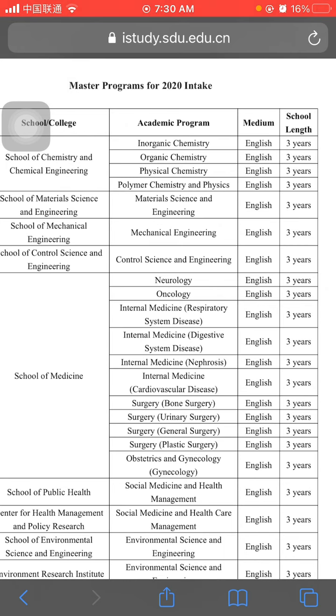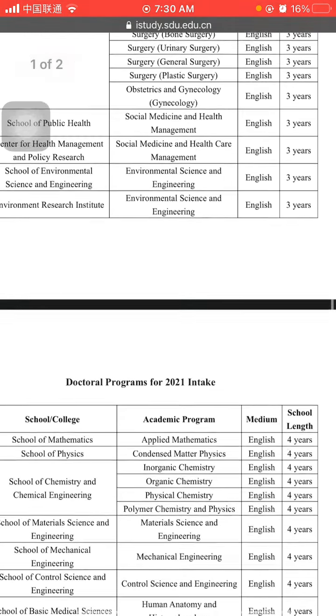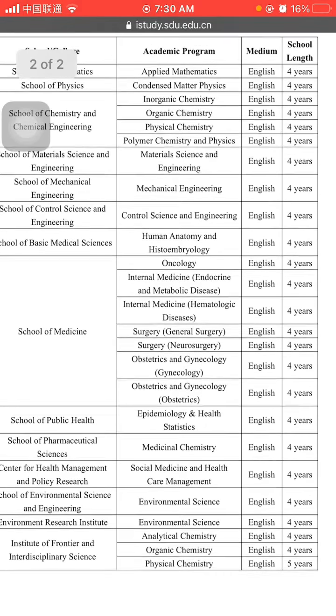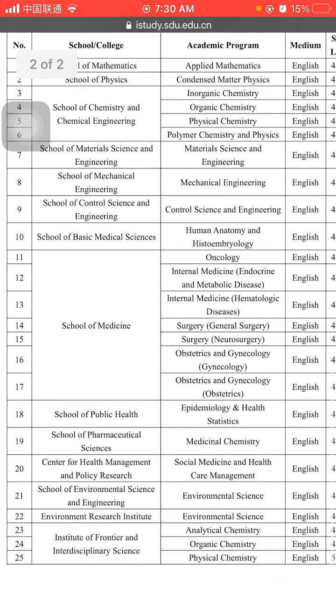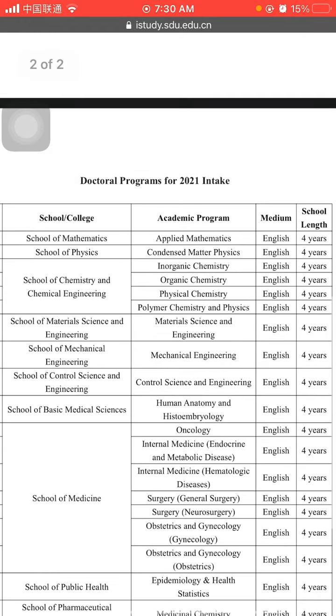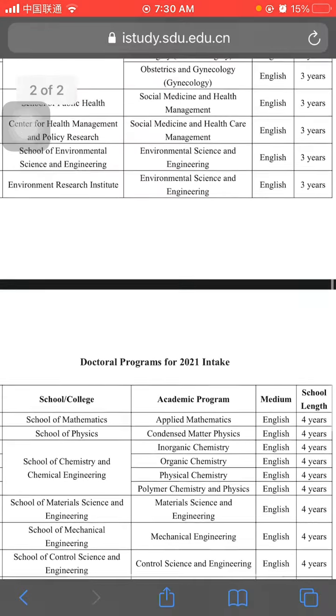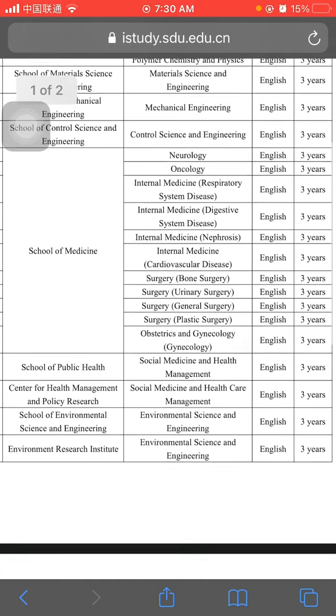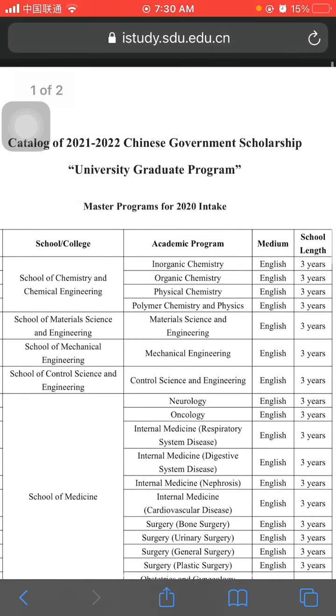These are the English taught programs, and so on. You can see medicine. Also, you can study medicine school, school of mathematics. Okay, so you got time to look at more in detail, since everything is here.